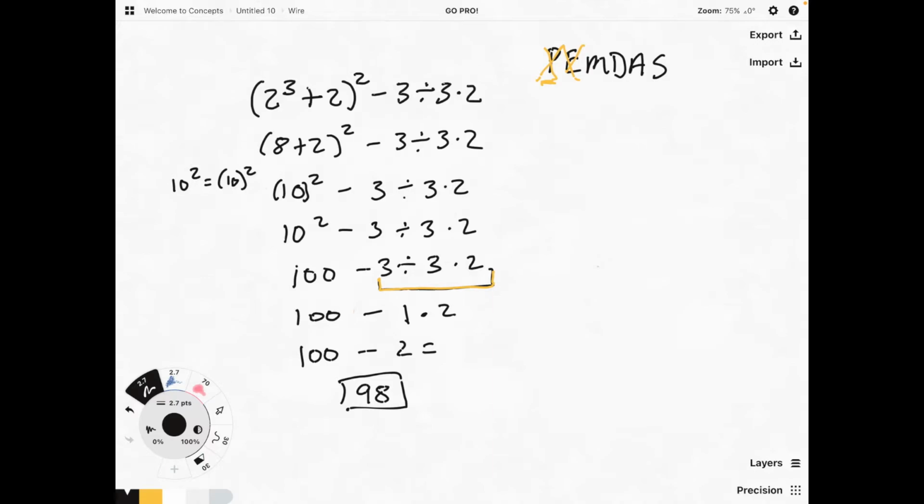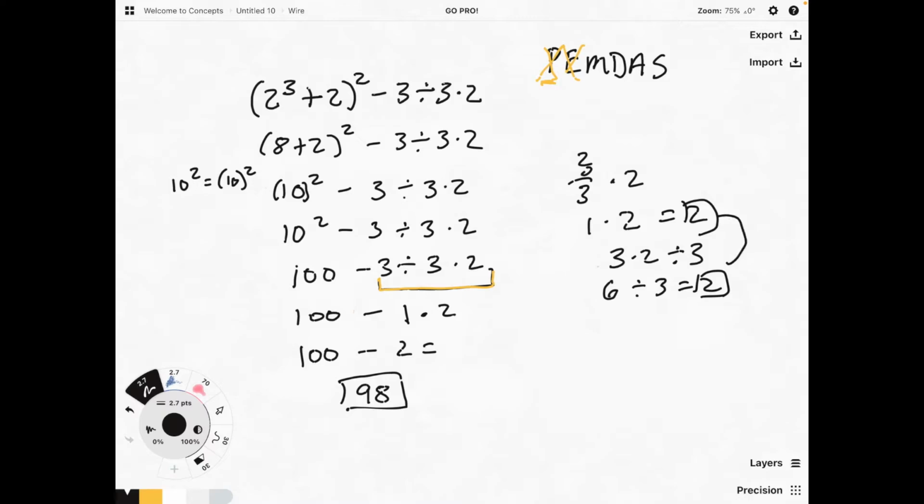If I do 3 divided by 3 multiplied by 2, that's 1 times 2, which equals 2. I could do 3 times 2, divided by 3, so that's 6 divided by 3, which equals 2, the exact same answer.